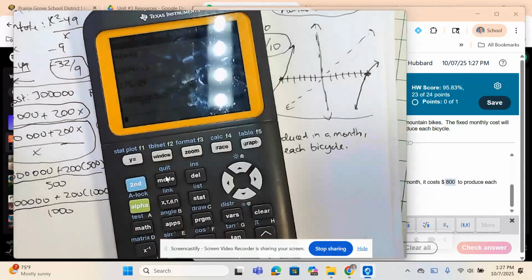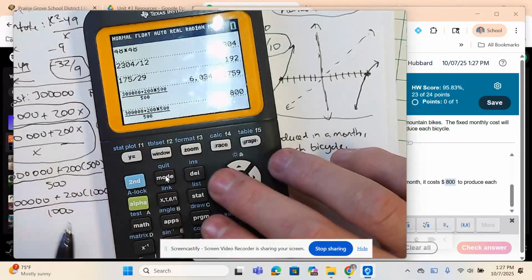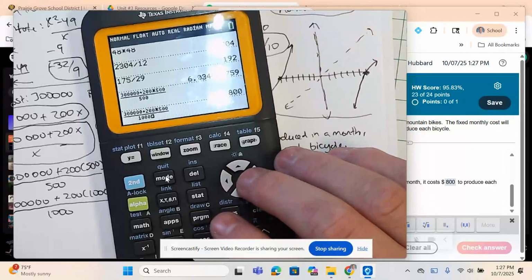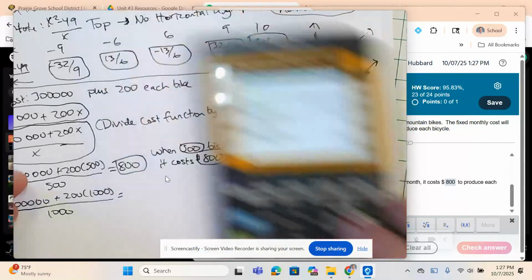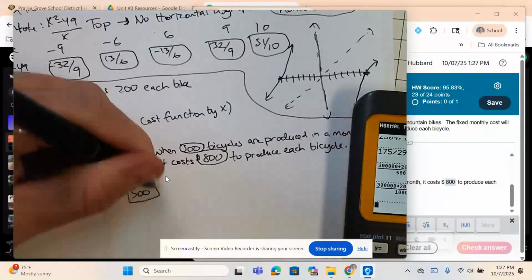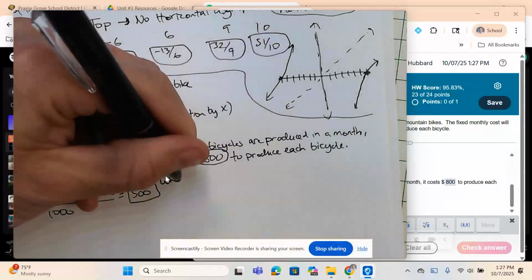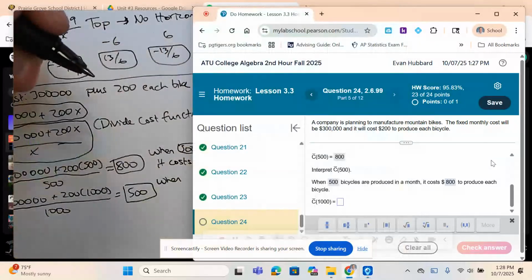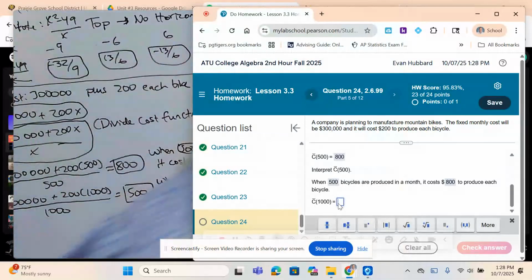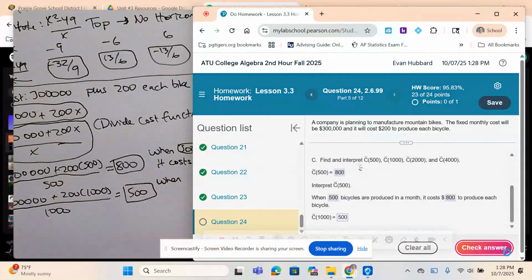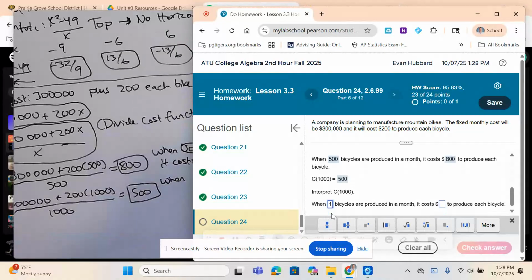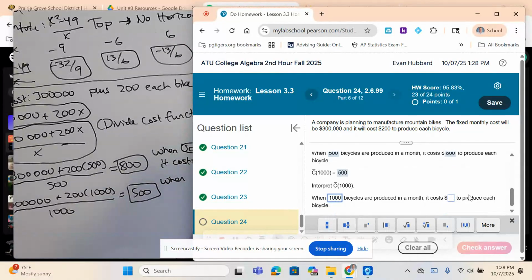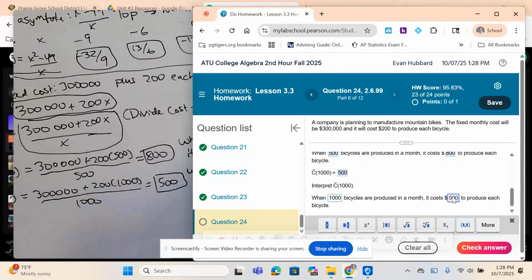So that's 500. So when 1,000 bicycles are produced in a month, the average cost would be $500 per bicycle.